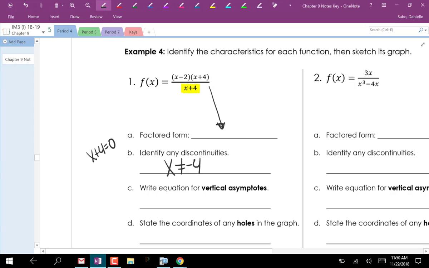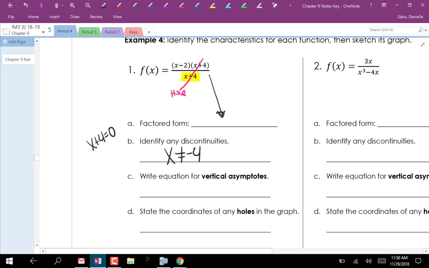A hole, because look, in pink, it cancels, which creates a hole. So guess what? There is no vertical asymptote because there's nothing left on the bottom. There's only going to be this hole, and it's going to be at -4, something. We don't know what it is yet. And this one's an easy one because x minus 2 here in blue is the only piece that's left.